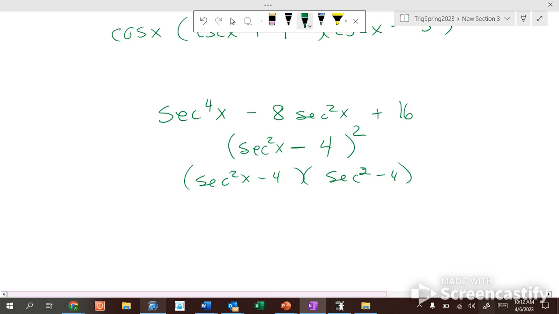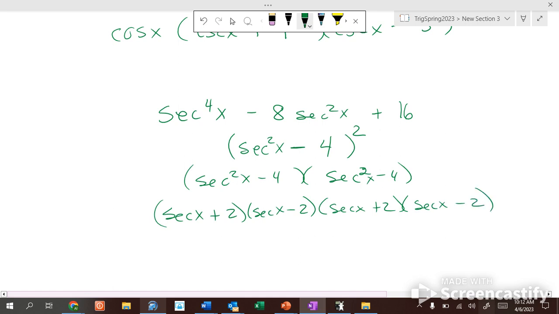What's Kendra's favorite type of factoring? Difference of squares. Oh, this is secant of x plus 2 and secant of x minus 2. And this one is the same thing. Secant of x plus 2 and secant of x minus 2.